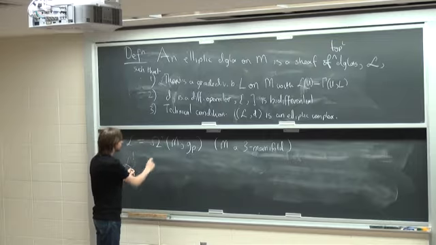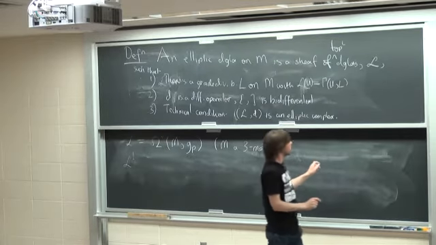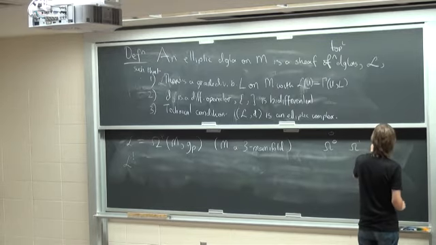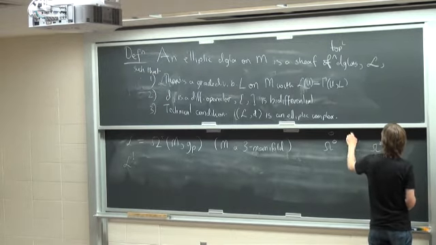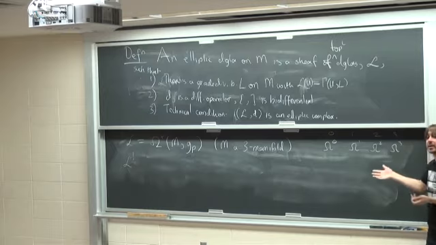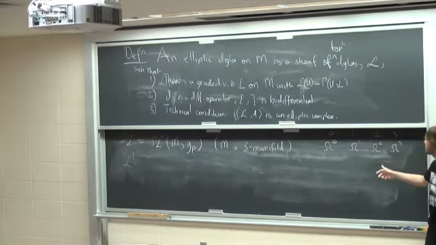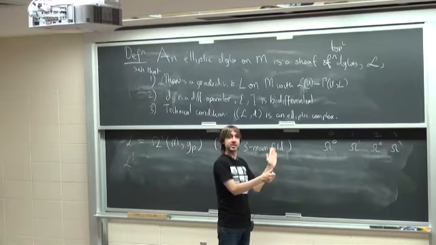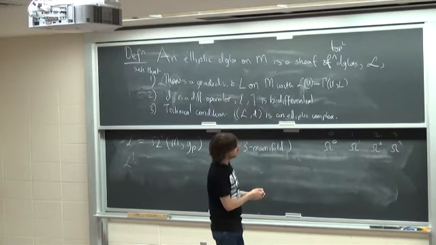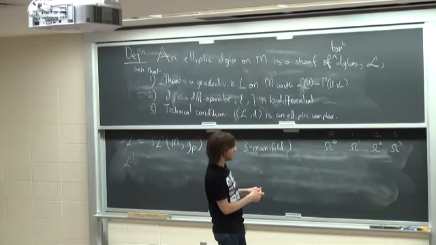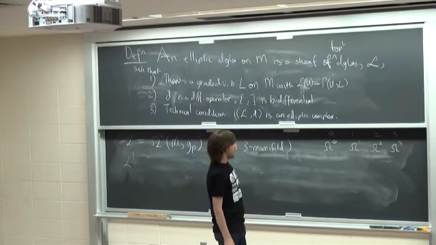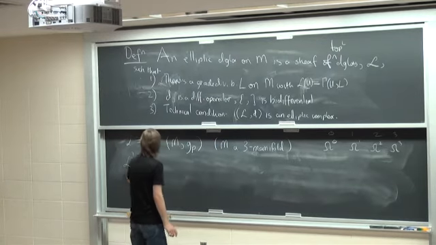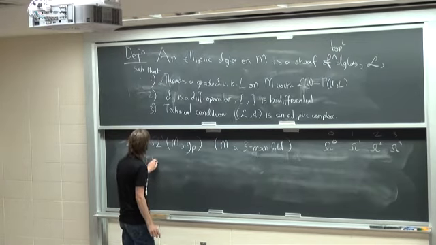Well, what we do when we take the dual of something involves taking the dual and then tensoring with densities. So the dual of omega 3 is just functions, but then I tensor with densities to get omega 3 again. So you see that L shriek is just L shifted by 3.